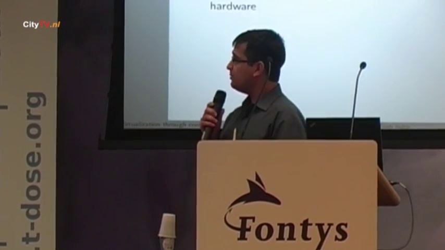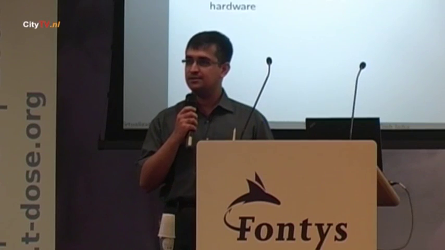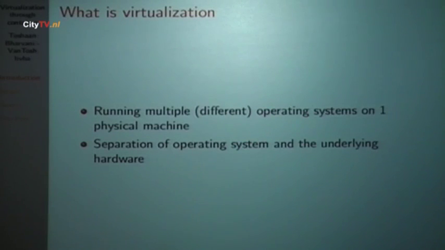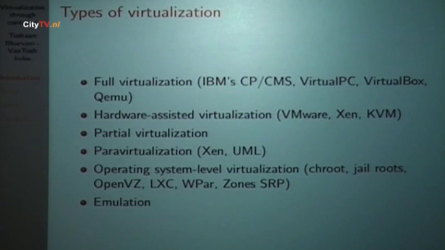I presume everybody knows what virtualization is. For those that don't know, it's basically running multiple machines on one physical machine. You can do that in different ways. The most common ones are full virtualization, which has been done since the late 60s, so it's quite old.